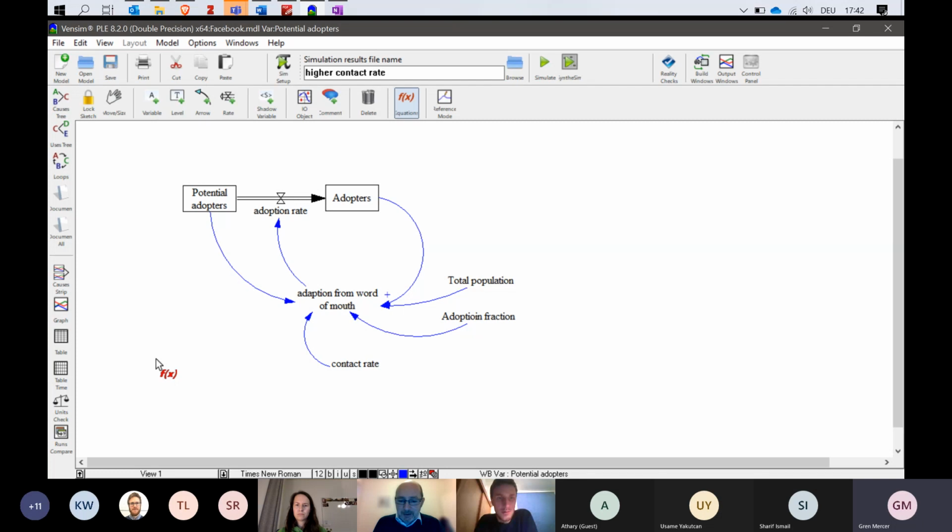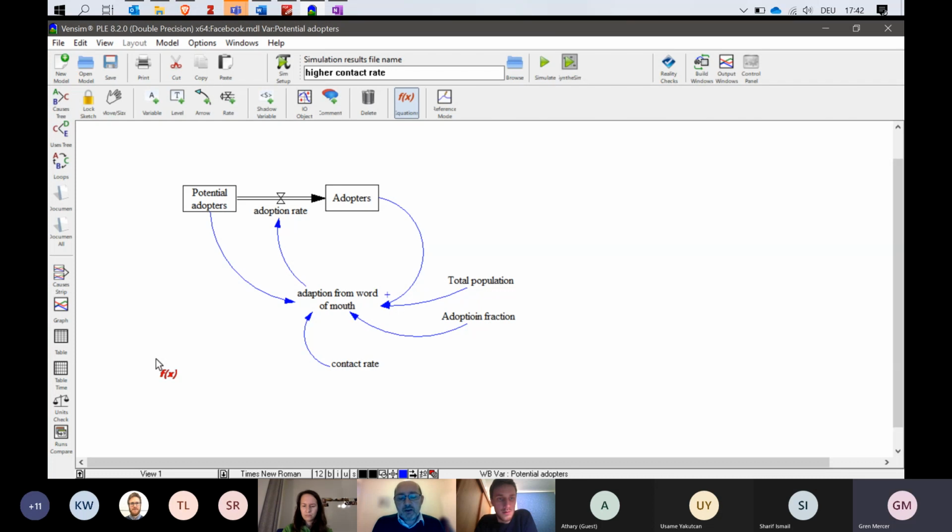Do you have a question? Yeah. So, excuse me, would you normally have an arrow between adoption rate and potential adopters to show that the adoption rate is affecting the stock of potential adopters, or is it just implied because it's connected?